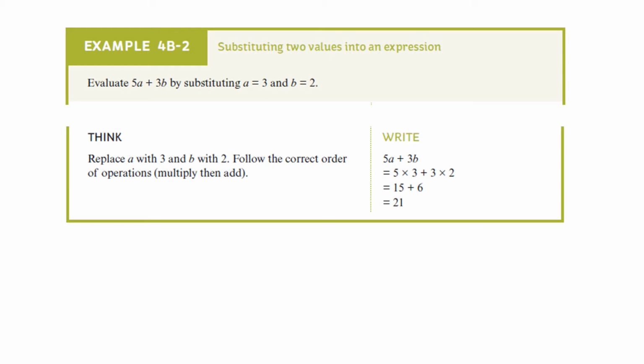In fact, I'll just draw an arrow here. So we could write these steps as 5 bracket 3, close the bracket, plus 3 bracket 2. And then the rest is the same.